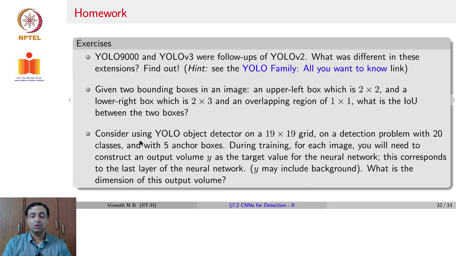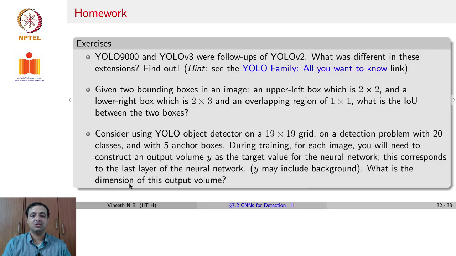To understand YOLO better, consider using YOLO on a 19 cross 19 grid on a detection problem with 20 classes and 5 anchor boxes. During training, you have to construct an output volume y as the target value for the neural network.